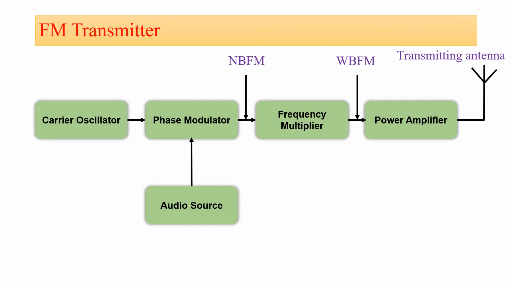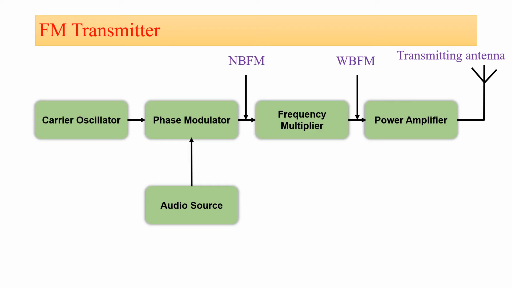Now let us see the block diagram of the frequency modulated transmitter. If you observe this block diagram, we require the crystal oscillator, then phase modulator, then the audio source, then the frequency modulator, and finally the transmitting antenna is connected with the power amplifier. The FM transmitter also works the same as the AM transmitter.